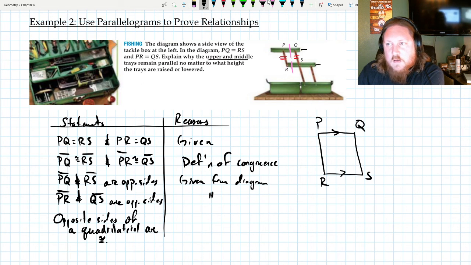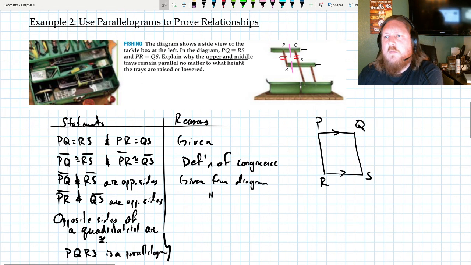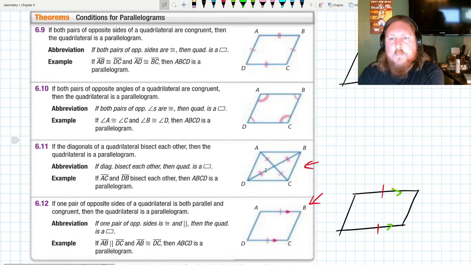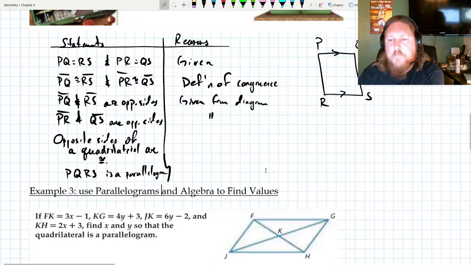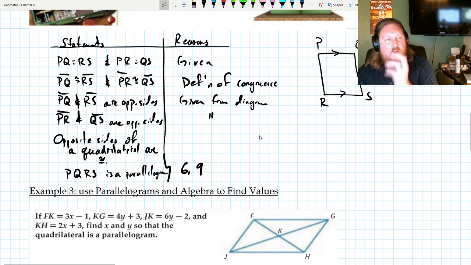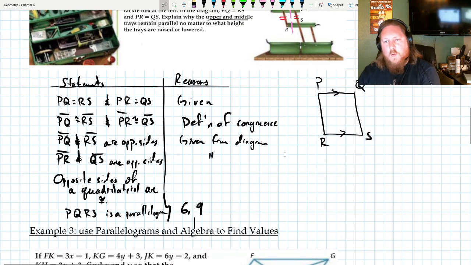That means that PQRS is a parallelogram. And that would be 6.9. Now, this doesn't really feel like it flows very well.